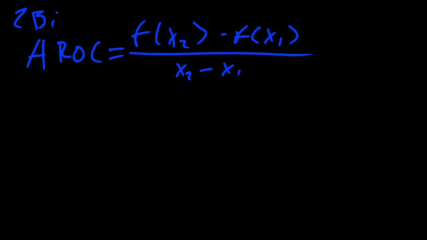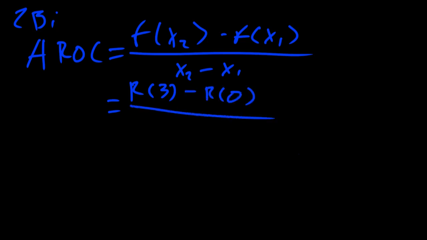So in this case, our x2 is 3 months and our x1 is 0 months. So we would have, I'm gonna write down R since the question uses R, R of 3, our x2 in this case, and then our x1, which is R of 0, then 3 minus 0.